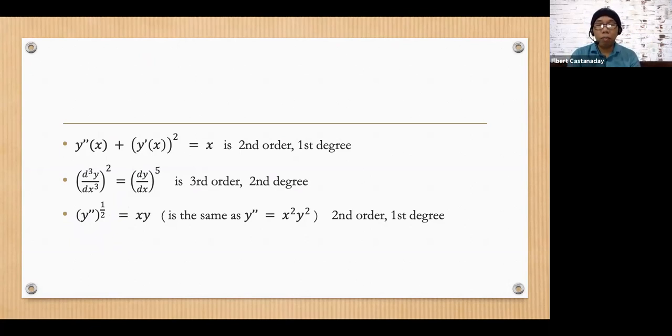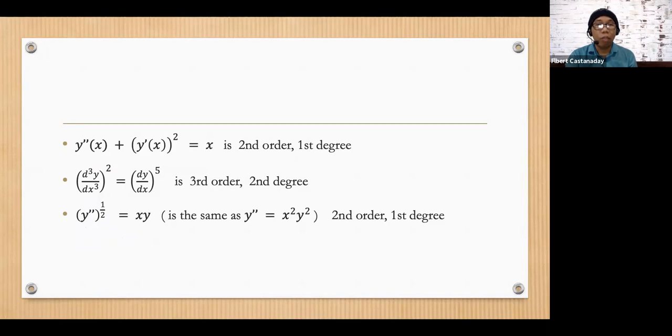But the order doesn't change. Whichever is the highest derivative in the equation will determine the order of the DE. For this example, number 3, y double prime is the only derivative, so automatically you can say it's a second order differential equation.